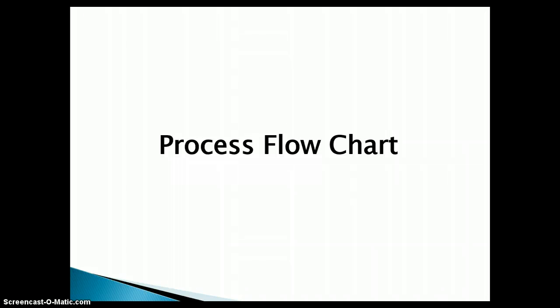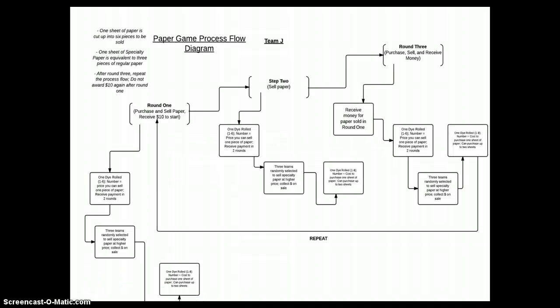So the process flow chart. I put these three bullets up here. They're three things that need to be taken into account before we look at the process flow. One sheet of paper is cut up into 6 pieces to be sold. Later in the game, specialty paper is introduced.